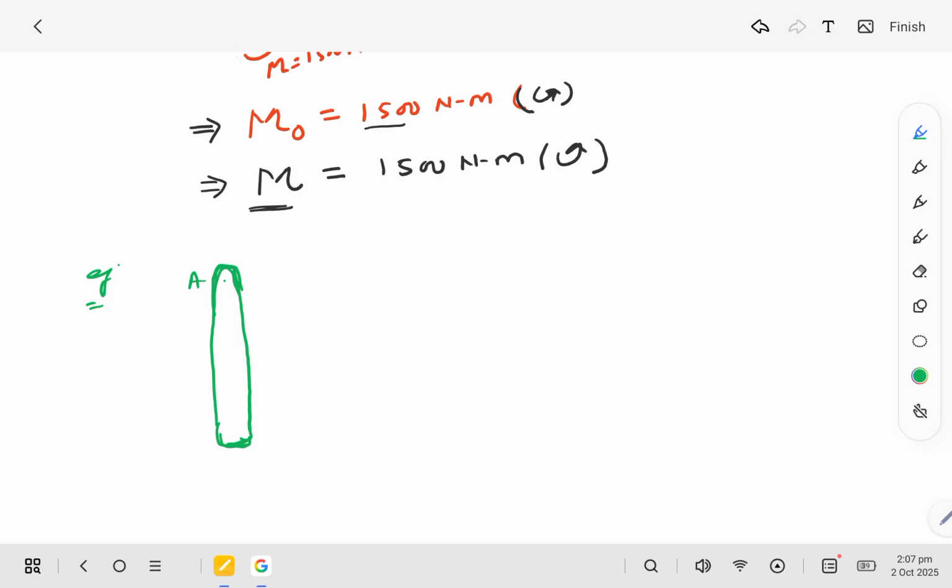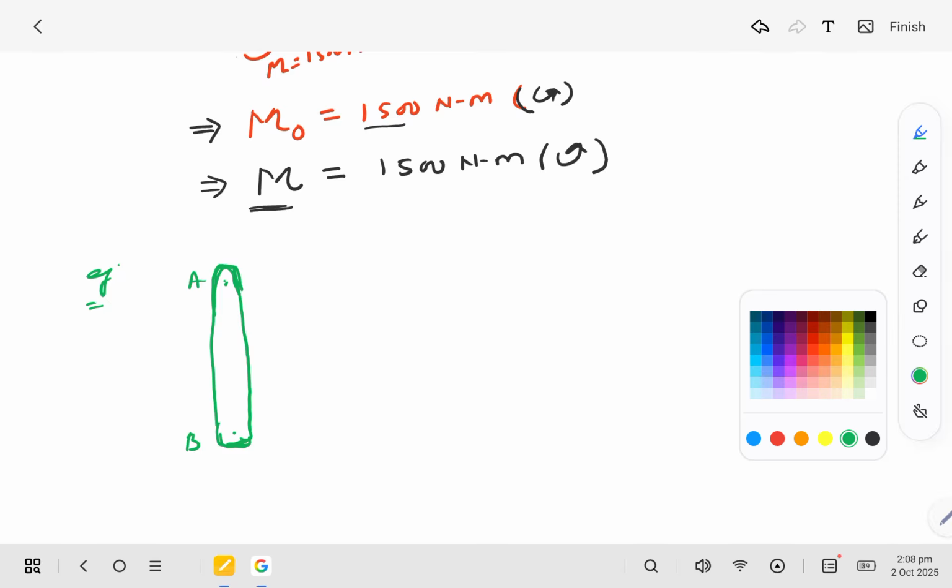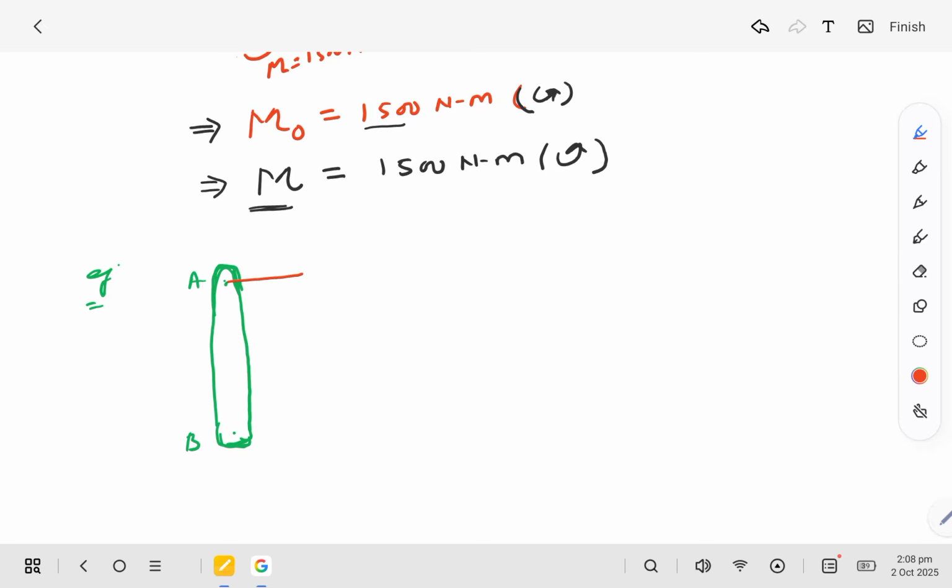This is point A and this is point B here. One force is acting here, let's say of magnitude 60 Newton. The distance between both points, D, is 4 meter.